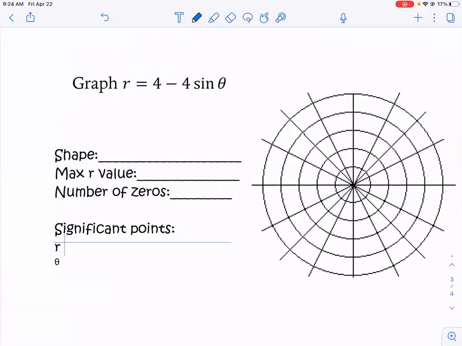As you're writing this down, I want you to think about what type of Limaçon we have. Jalen, what type of Limaçon do we have?